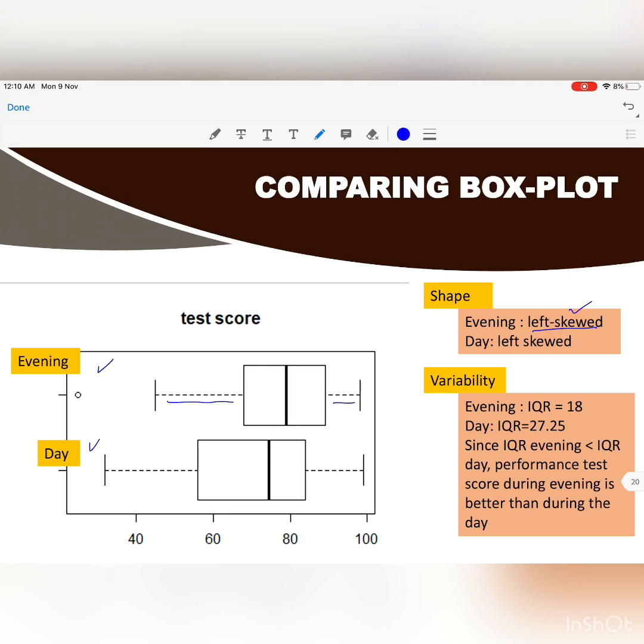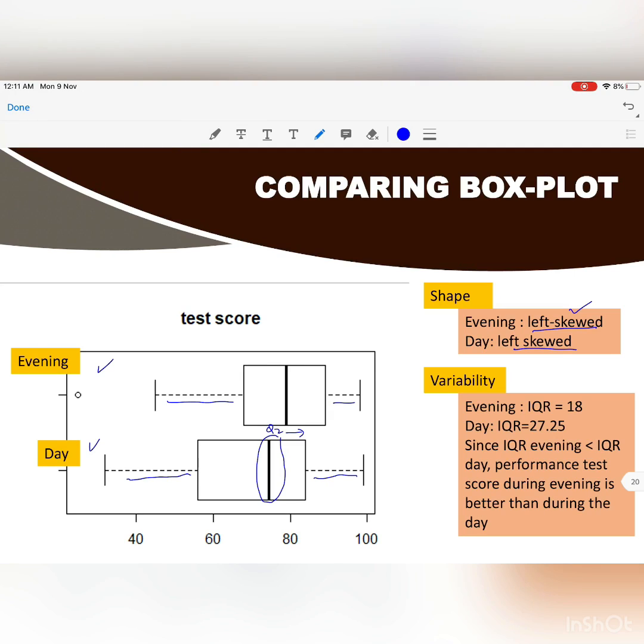For the day, that is also left skewed. We can see that the left line is slightly larger than the right, but obviously the location of the median is to the right, so Q2 is to the right, so that is left skewed.